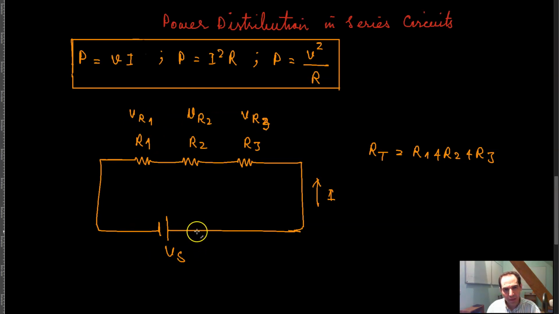In the same way, the power dissipation of R1, the power dissipation of R2, the power dissipation of R3, if you add them together algebraically, you will get the total power dissipation in the circuit. That's basically all that you need to know here.